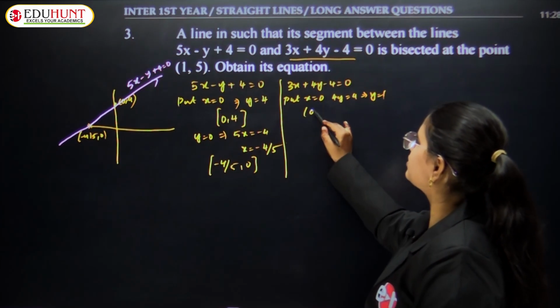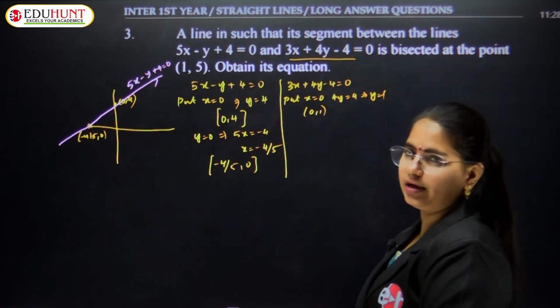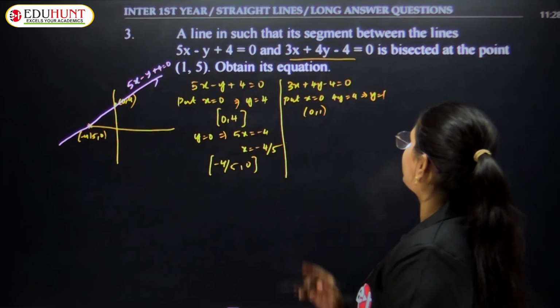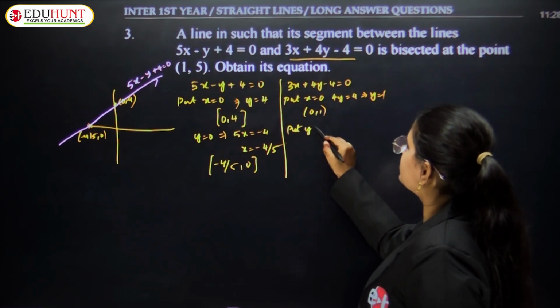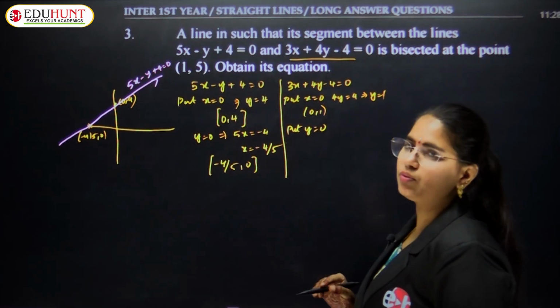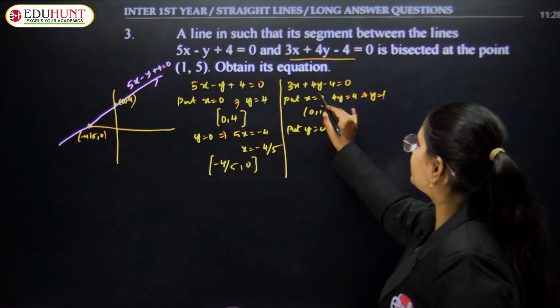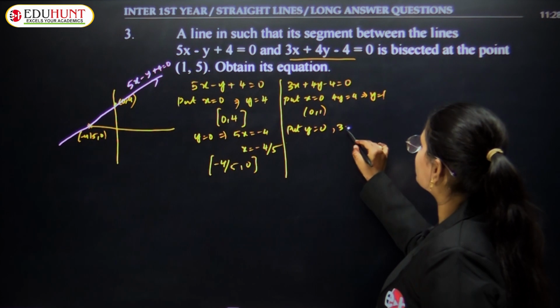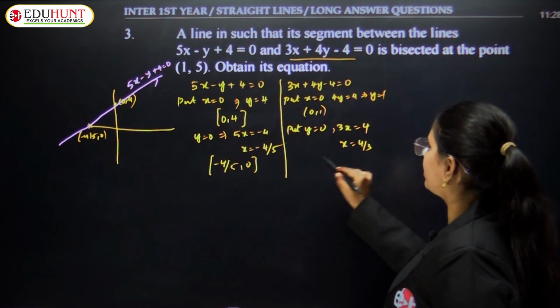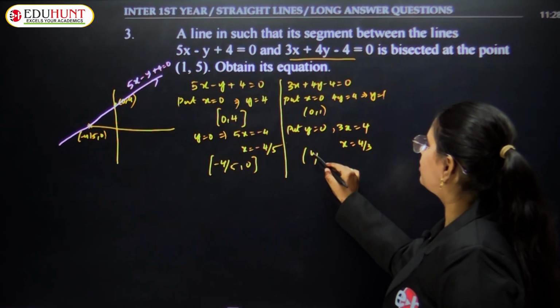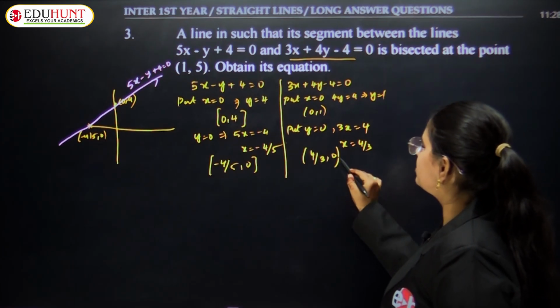So we have (0, 1). Next, if we substitute y equal to 0, we have 3x equal to 4, so the x value becomes 4 upon 3, and the coordinates are (4 by 3, 0).